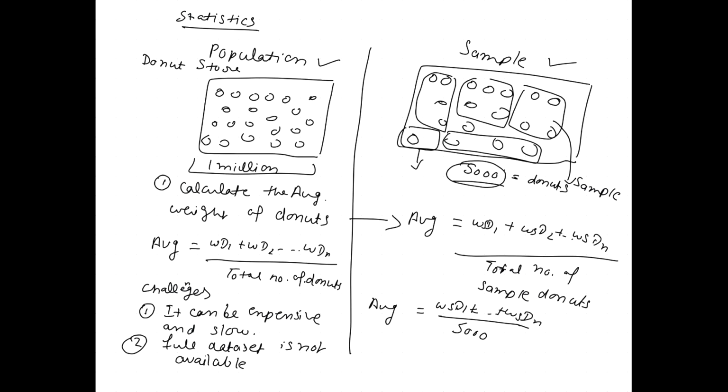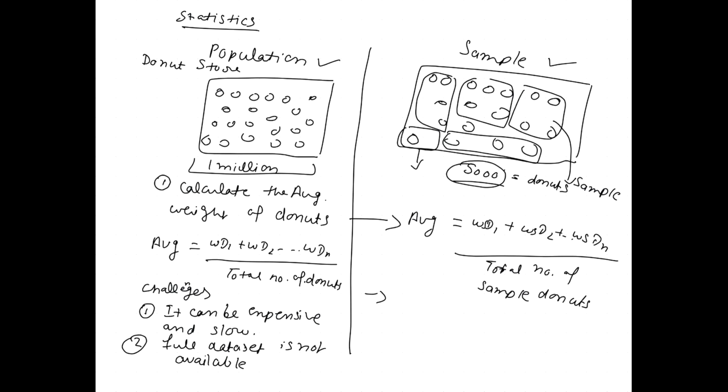Now, what kind of challenges will you face with the sample? If the sample is not diverse, again we can connect with the donut. If you are producing donuts, for sure there are different types of donuts available in your store.